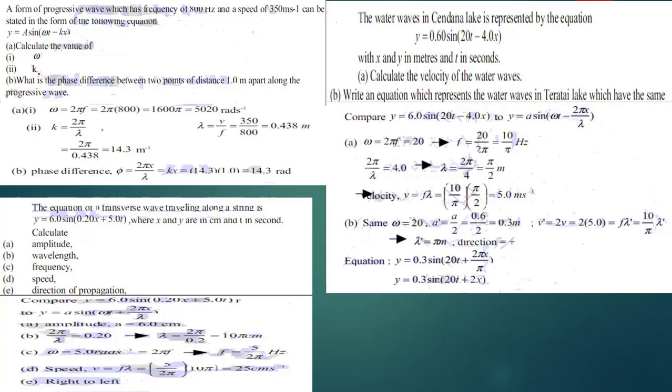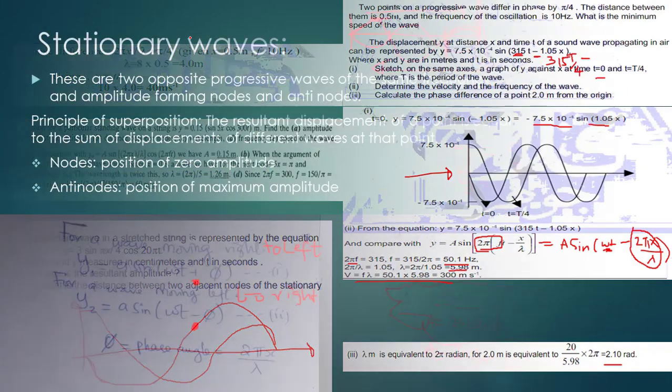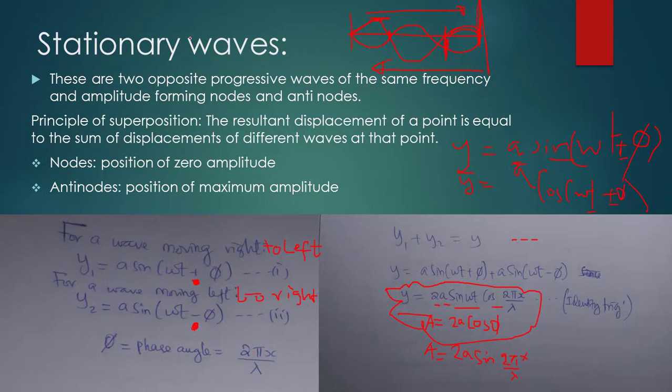Okay, you remember that k is equal to 2 pi over wavelength. If you recall this part, I told you the phase angle is 2 pi x over wavelength, so sometimes they like to refer to this as k.